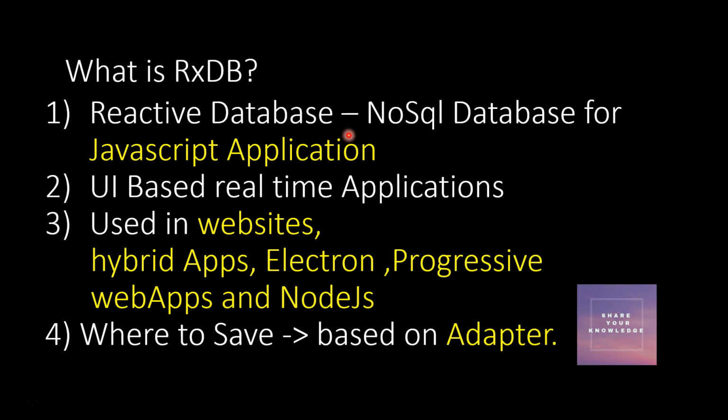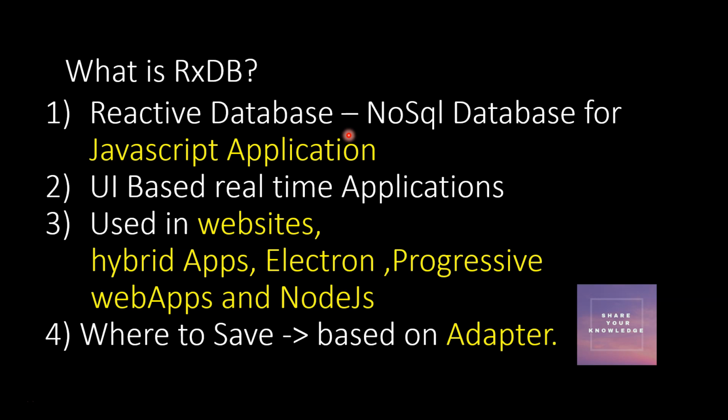But in the case of RxDB, whenever the database changes, say you are running a find-all query on the heroes table, whenever somebody inserts into or deletes from this table, you will get the data as an event. So that's why it is called reactive. It reacts whenever the database changes.